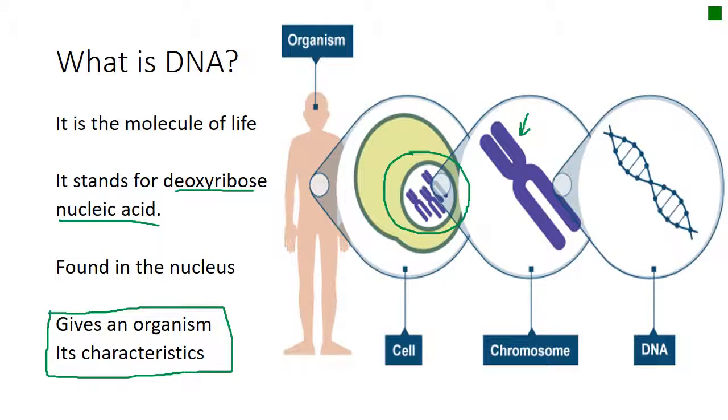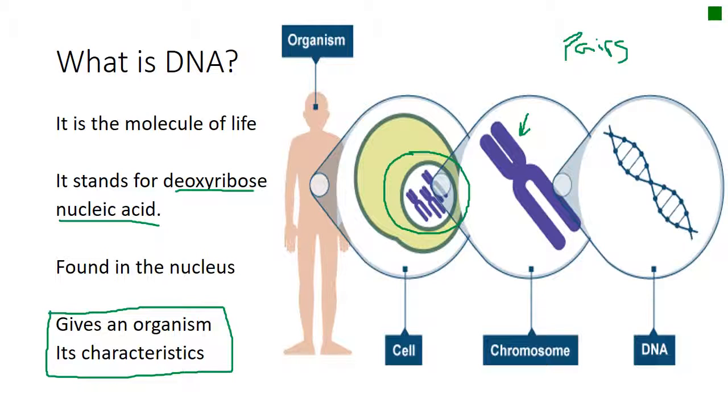Now, with chromosomes, the interesting thing is that it is the arrangement of DNA inside the cell in compact packages. But chromosomes don't come individually, they come in pairs. Okay, so chromosomes come in pairs. Okay, and different species are going to have different numbers of pairs of chromosomes.